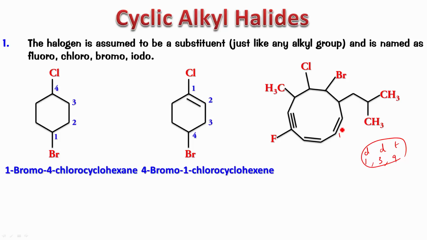Now if I give this fellow 1, it's automatically seen this has to be 2 and my next multiple bond is going to be way up here. It's not going to work. So what I'm going to do is I'm going to give this as 1, this is 2, this is 3, this is 4 and this is 5, and you can see I get 1, 3, 5, the lowest possible value that I can get. So the numbering is done this way.